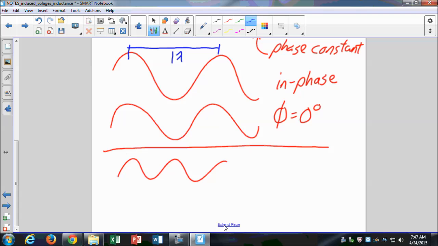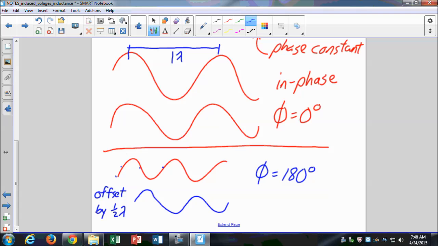What is a half wavelength? There to there is a wavelength, so it's going to start right here. So this is offset by a half a wavelength, and we say that this has a phase angle of 180 degrees.